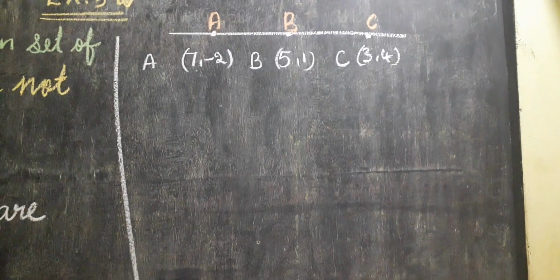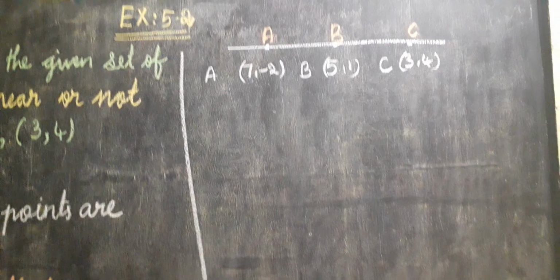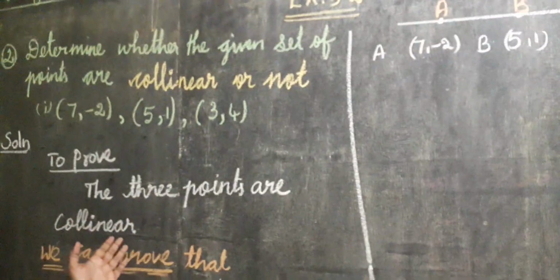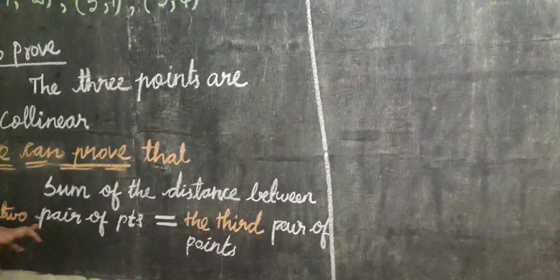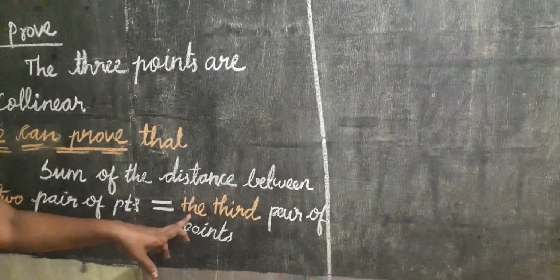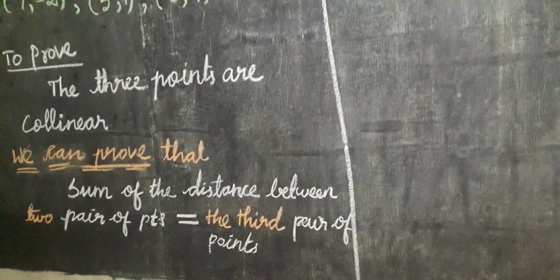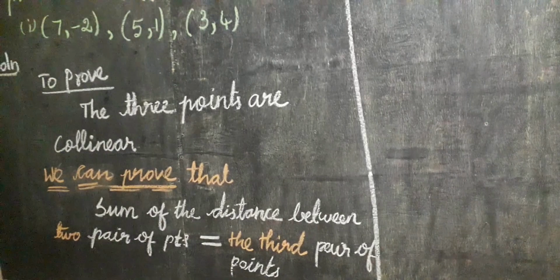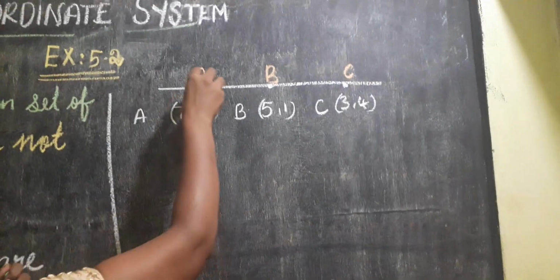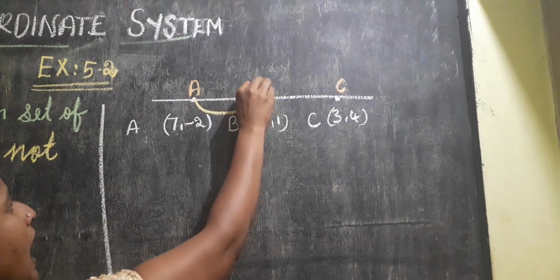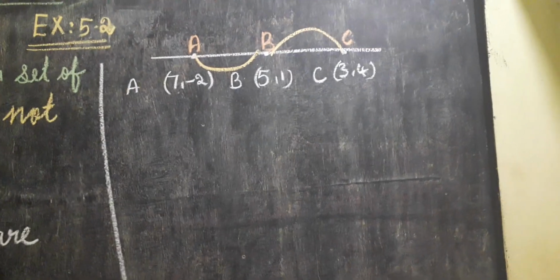What do we have to do now? What is our aim? If the 3 points are collinear, we have to prove that the sum of the distance between two pairs of points is equal to the third pair of points. First we find the distance between AB and BC, and finally AC.